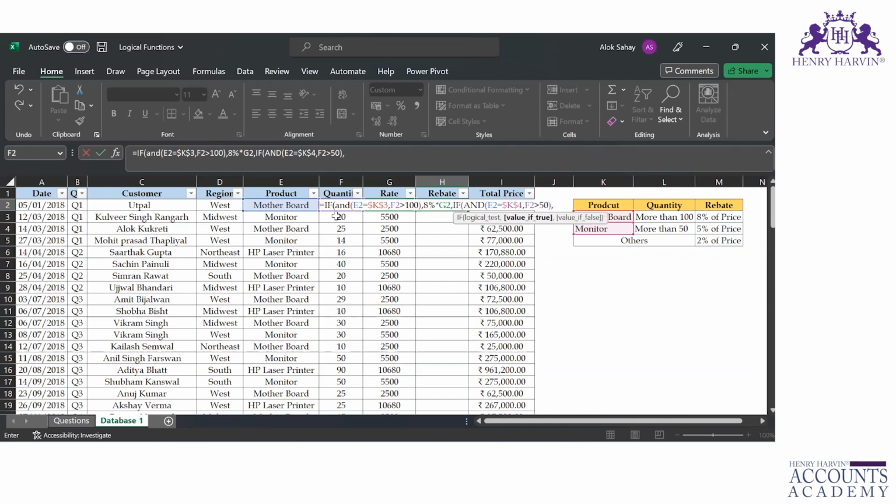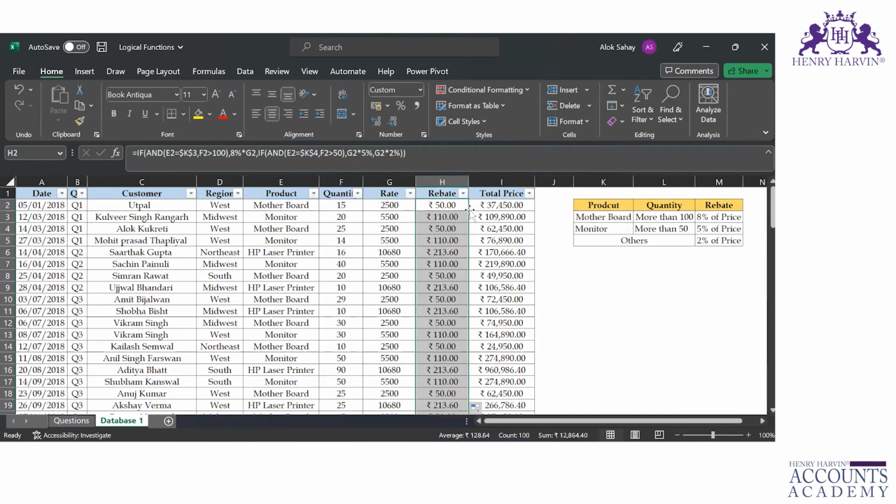Now the answer should be this particular G2 into 5%. Correct? And if any of the conditions is not satisfied, then what would be the answer? Then 2% of my price. So I'll just go to rate and into 2%. I'll close this, I'll close the other one. Entered here. This is the way. So now this is the answer.